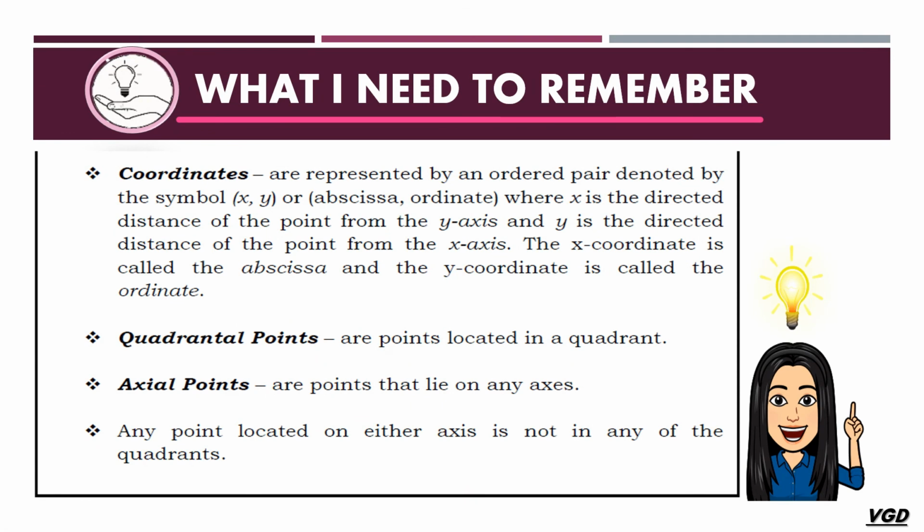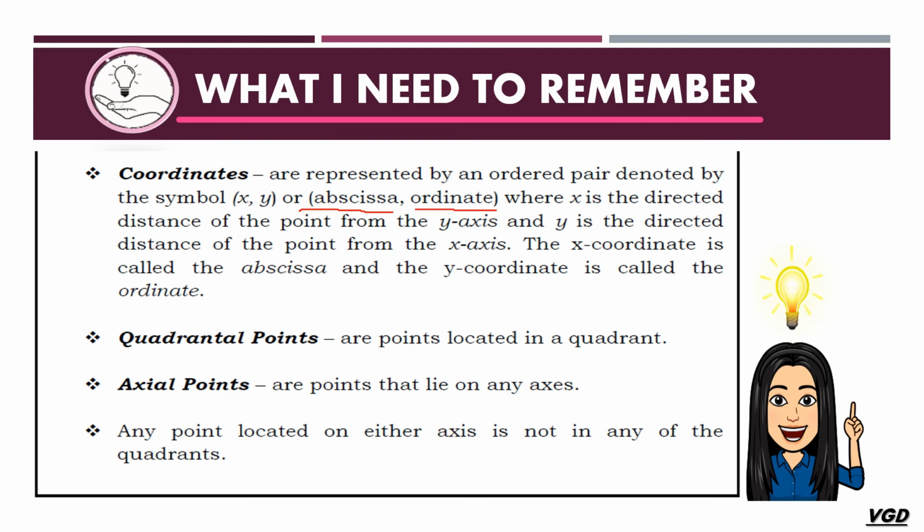You also have to remember that coordinates are represented by an ordered pair (x, y), with x as the abscissa and y as the ordinate, where x is the directed distance of the point from the y-axis and y is the directed distance of the point from the x-axis. The x-coordinate is called the abscissa and the y-coordinate is called the ordinate.